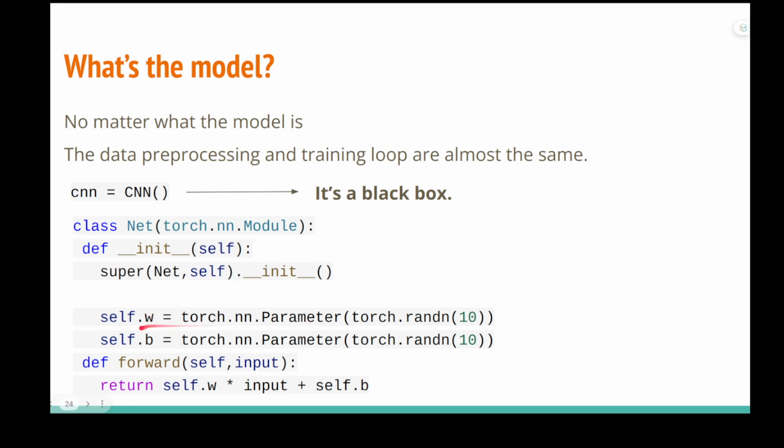And after you assign those parameters, in the forward function, you use all the parameters you created in the constructor and assemble them together to implement the model itself. For example, here we just multiply w with the input data, and do the addition operation with b, another set of parameters.